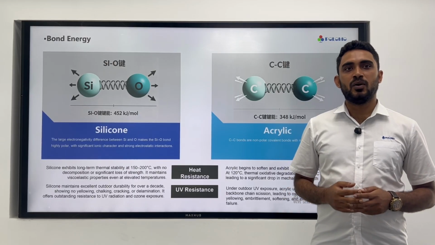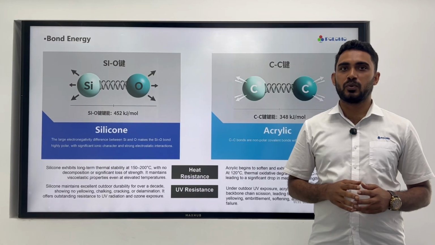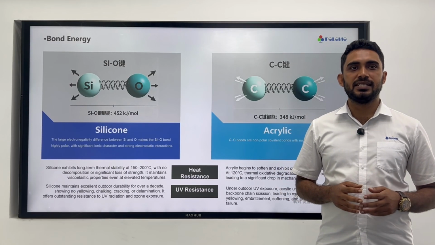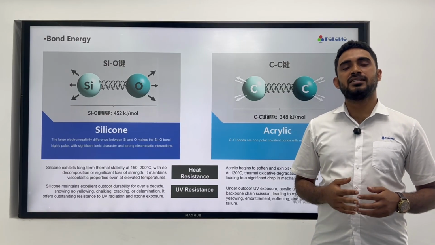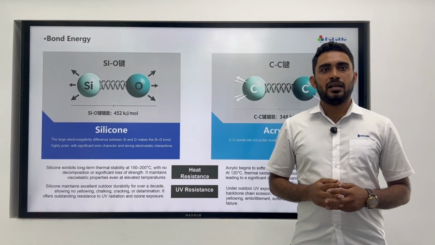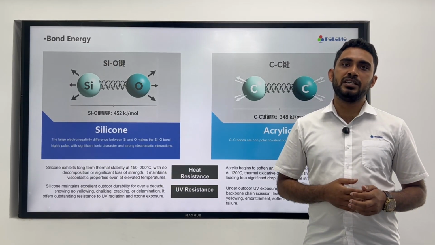It can handle 150 to 200 degrees Celsius long term without decomposing or losing strength. It also resists UV radiation for over a decade. No yellowing, no cracking. Acrylic starts to soften and creep around 80 degrees Celsius.